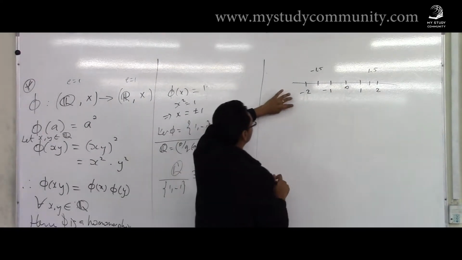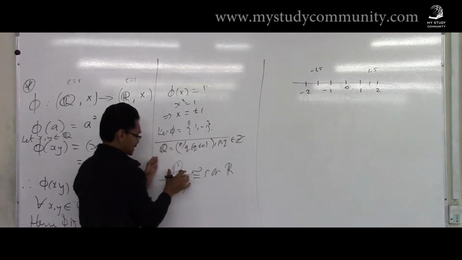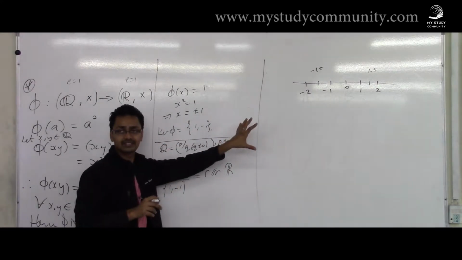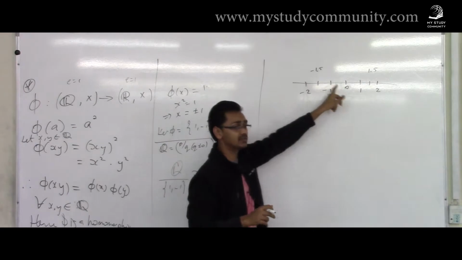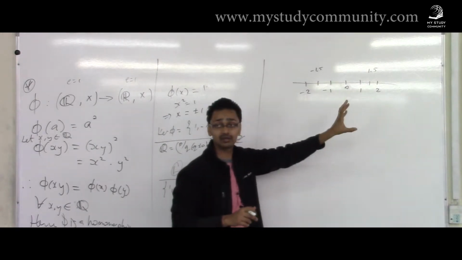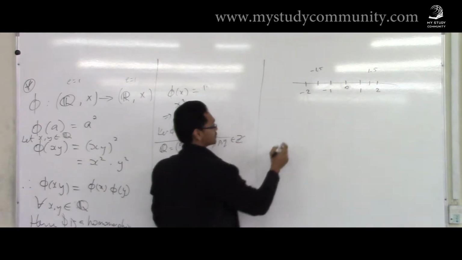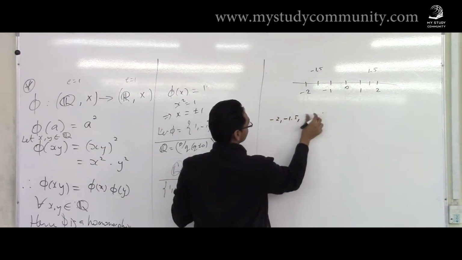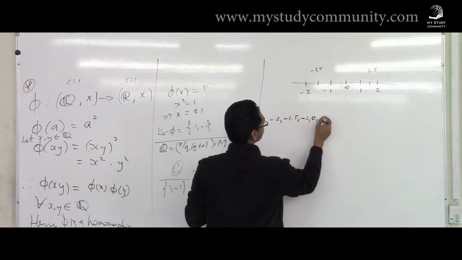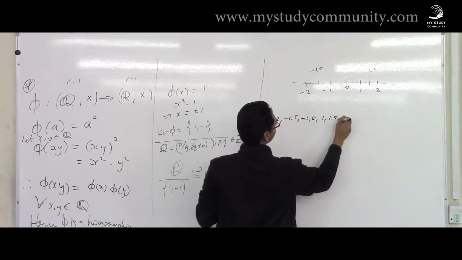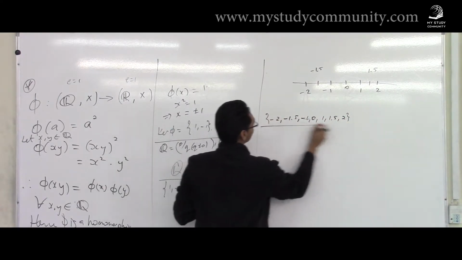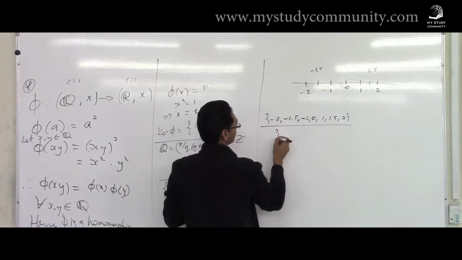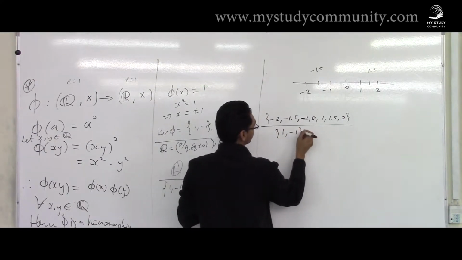If I were to just not take Q, but I'm just taking that representative set, it's really and truly all the numbers in between there, all the rational numbers. So no square root of 2, etc. So let's just say we have minus 2, minus 1.5, minus 1, 0, 1, 1.5, 2, over 1, negative 1.